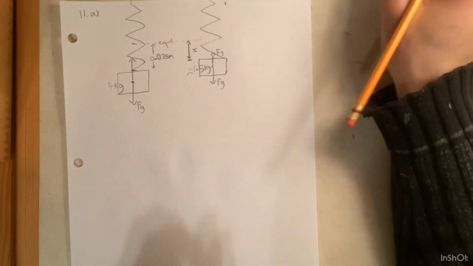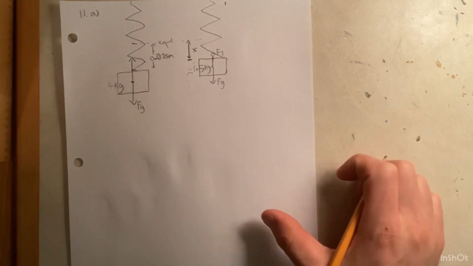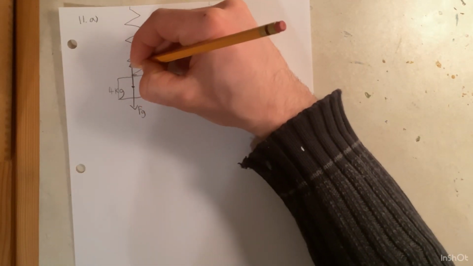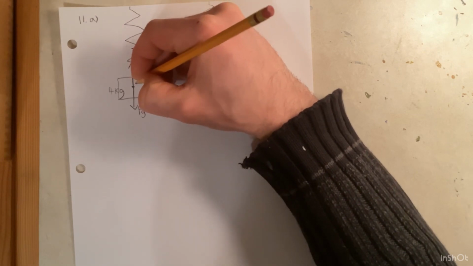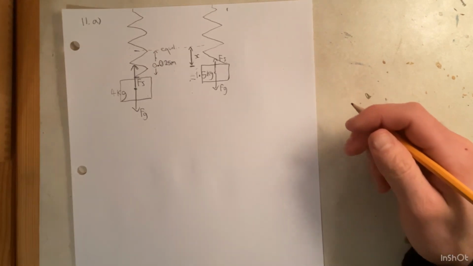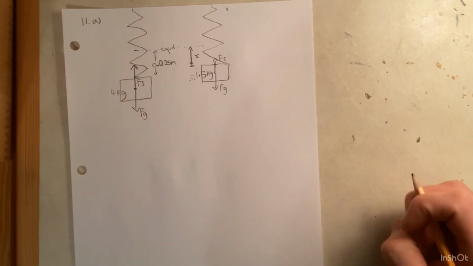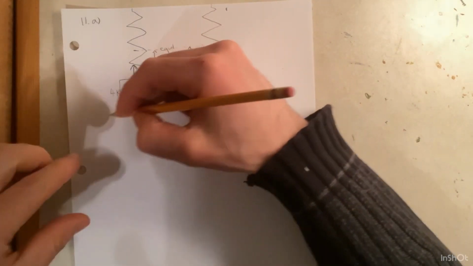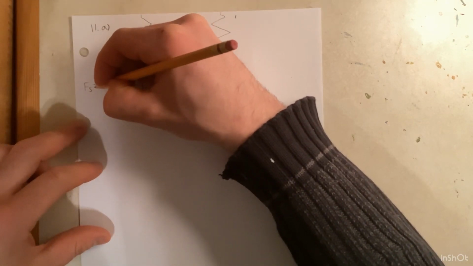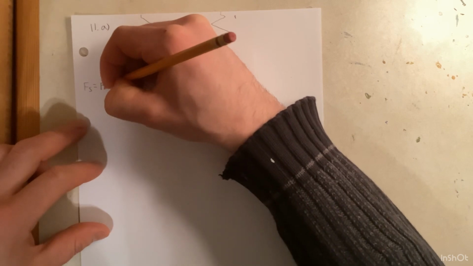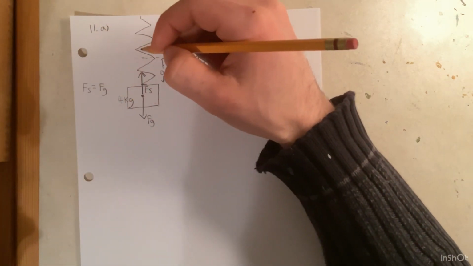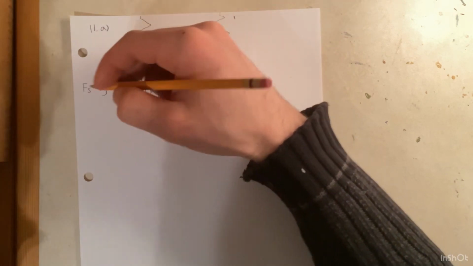So we need to find the spring constant. To do that, we can look at the forces acting on the block. This right here is the spring force. It says it's hanging, which means it's not accelerating, so they're just equal and opposite.